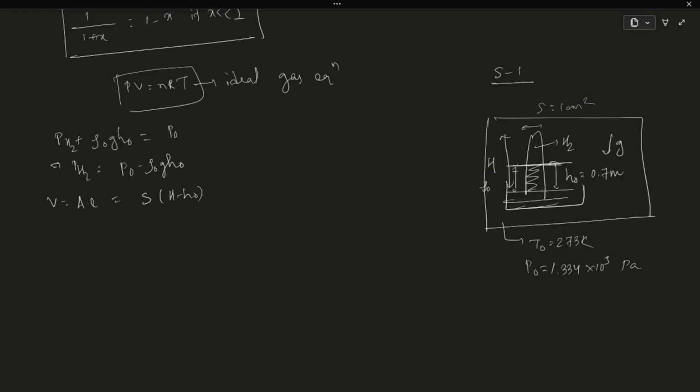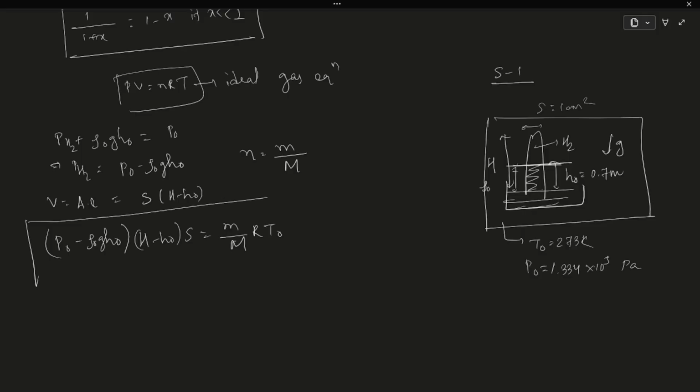Let the mass be M. So the number of moles can be written as M by capital M, where capital M is the molar mass, then R and temperature T. The equation will be P naught minus rho naught g H naught, into the volume, H minus H naught into S, equals M by capital M, number of moles, R T naught. This is our equation 1.